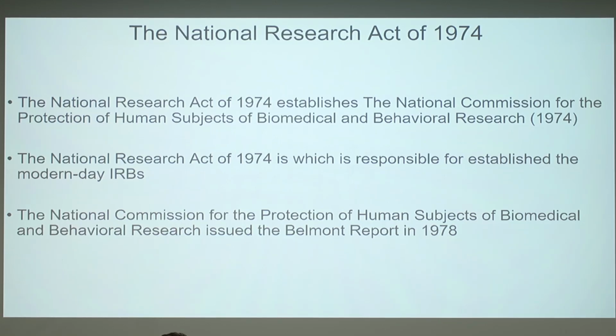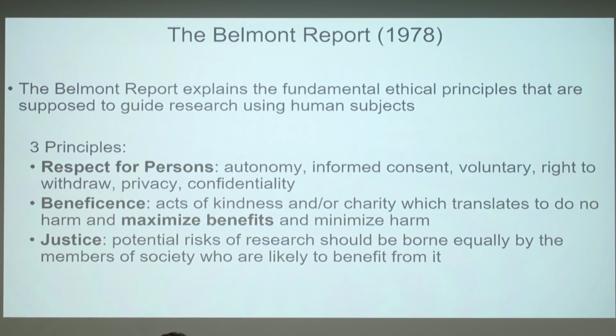And that is what set the federal laws that established what we now know as the Institutional Review Board. And this National Research Act of 1974 issued the Belmont Report. The Belmont Report contains the guiding overarching principles for conducting research in humans.